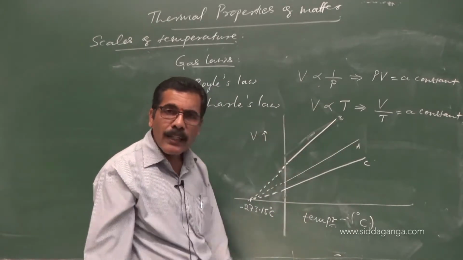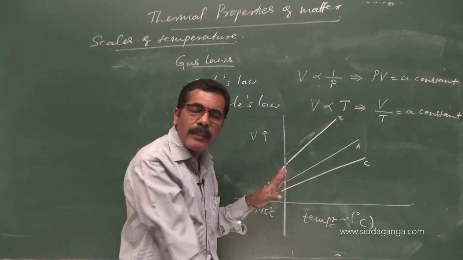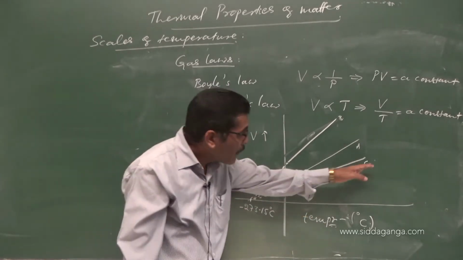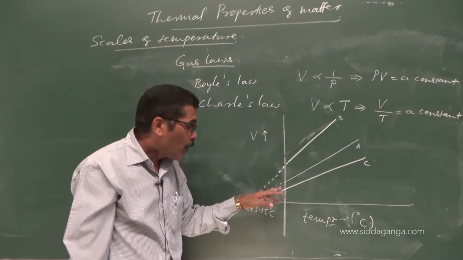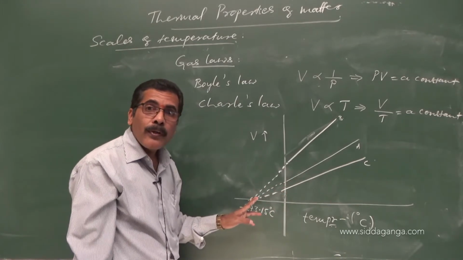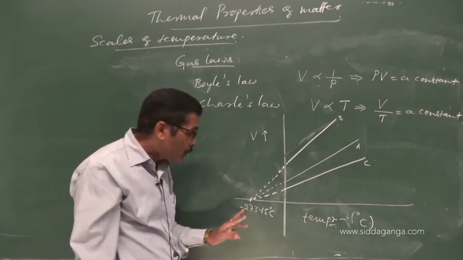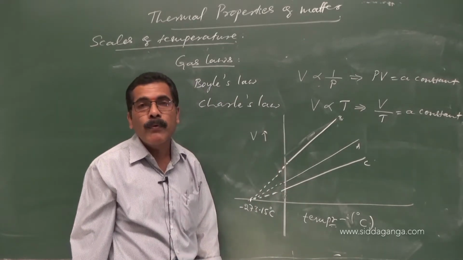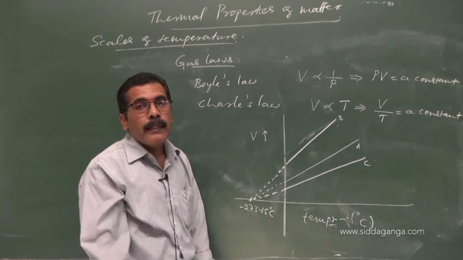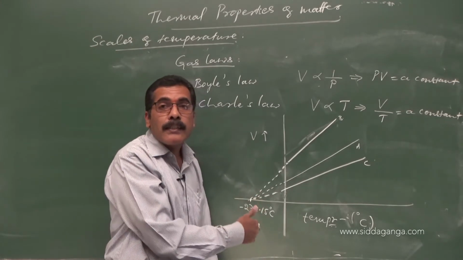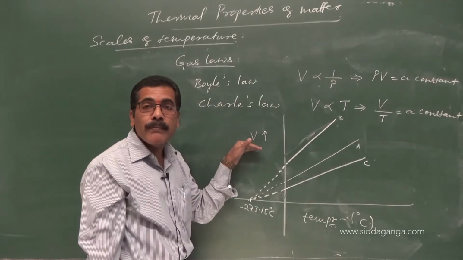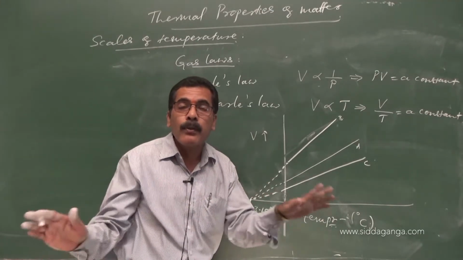They plotted volume and temperature on the graph, and when they extrapolate the curves, all these curves met at a single point which corresponds to minus 273.15 degrees Celsius. That is the temperature at which volume of the given mass of gas becomes theoretically equal to 0.